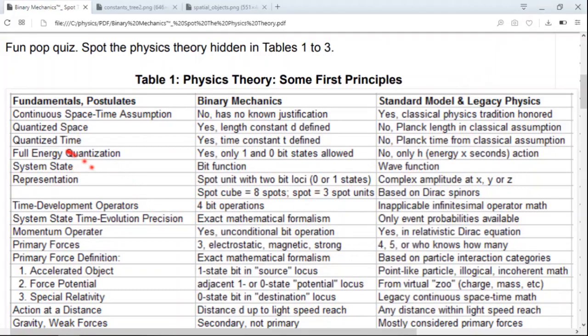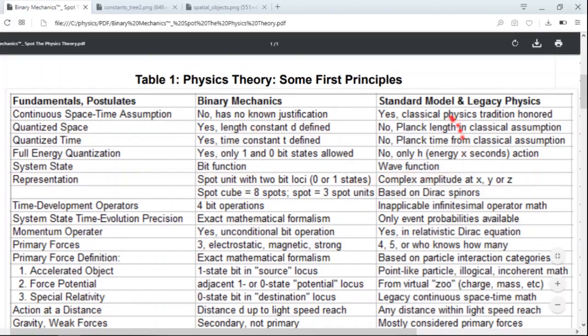What we have is called the system state, and it is the bit function in binary mechanics and the wave function in the standard model. The bit function is superior to the wave function because it can represent both position and momentum at the same time, whereas the wave function can only represent one or the other.